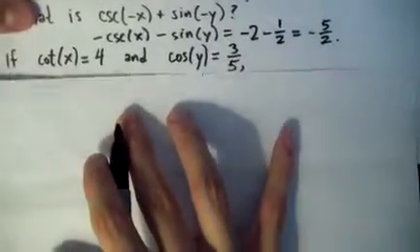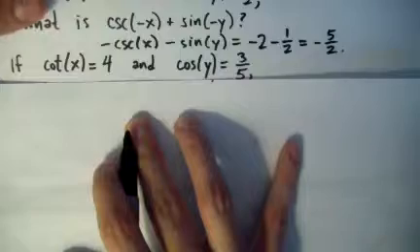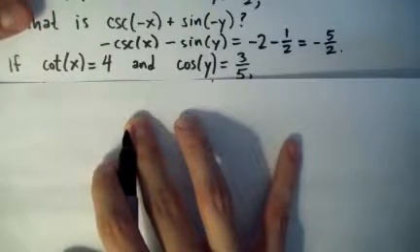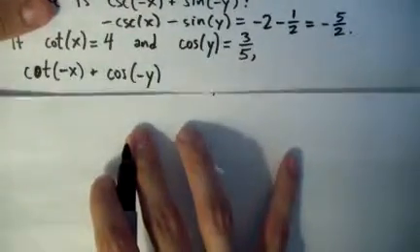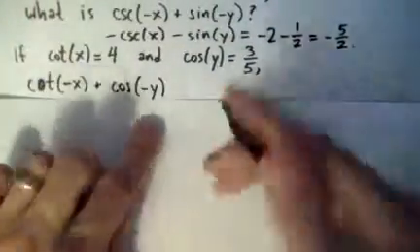Alright, now one more example. If cotangent of x is minus 4 and cosine of y is 3/5, what is cotangent of minus x plus cosine of minus y?